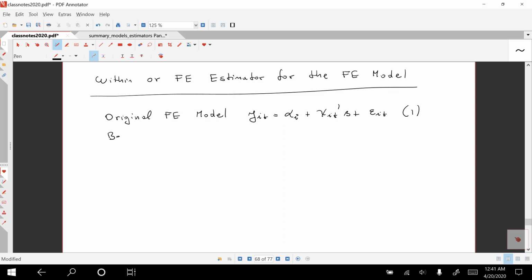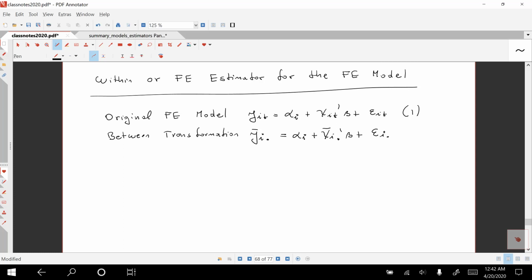The between transformation: for this model, alpha_i is constant, so it's going to be the same.